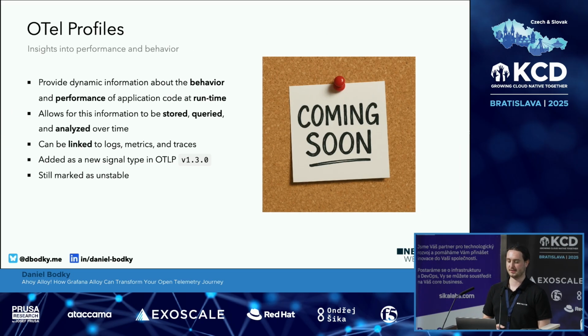And there's also a fourth signal, which was added to the OpenTelemetry protocol in version 1.3, but is still marked as unstable in general, and that's profiles.